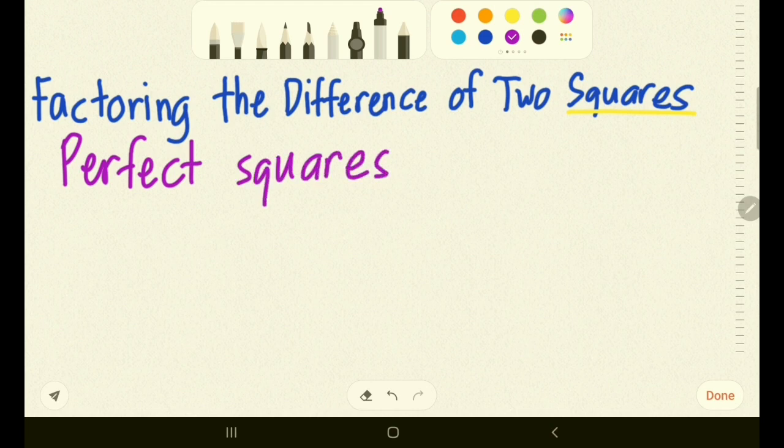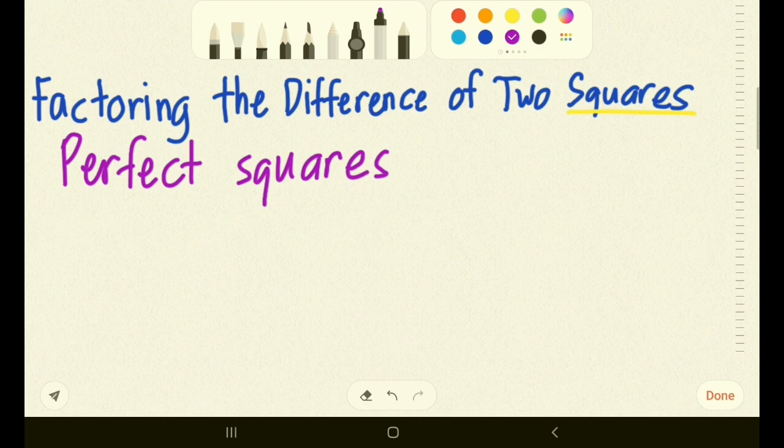In grade 7, you have already known that perfect squares are numbers or expressions that can be expressed to the power of 2. Meaning to say, a certain number can be expressed as a square of a number, or in short, to the power of 2.